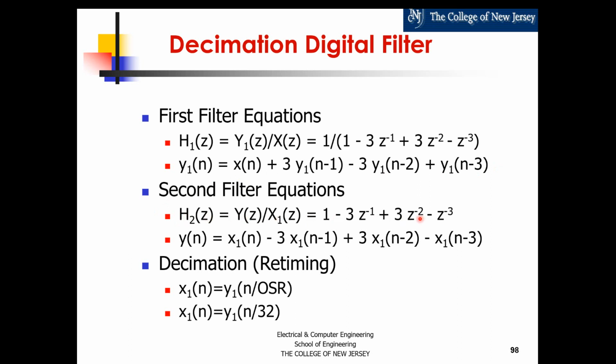Then the second one is this one, and I can have my difference equation. There is also a retiming: this is the output of the top part, which becomes the input of the bottom part, but every 32nd of it. Every 32nd Y is going to go into X as an input. So every 32nd output of the top is going to go as an input at the bottom part. So we're going to implement all of that.